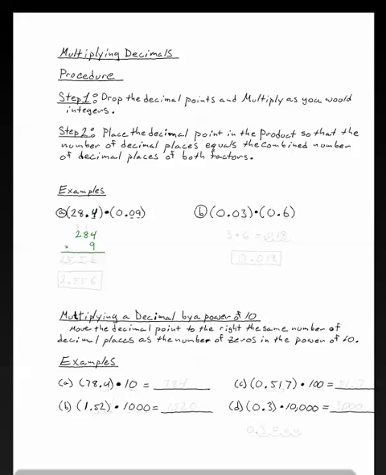And then we multiply these two together. 4 times 9 is 36, so we carry the 3. 8 times 9 is 72. 72 plus 3 is 75. Carry our 7. 2 times 9 is 18, and 18 plus 7 is 25.